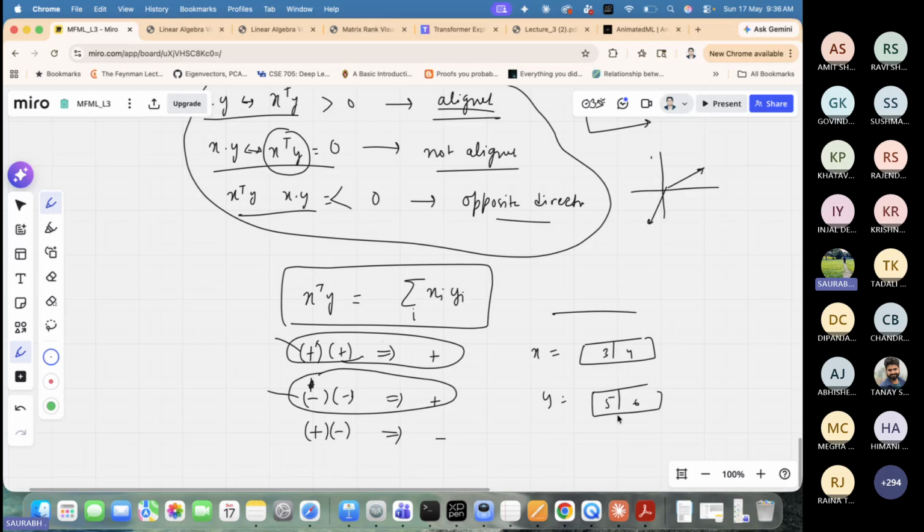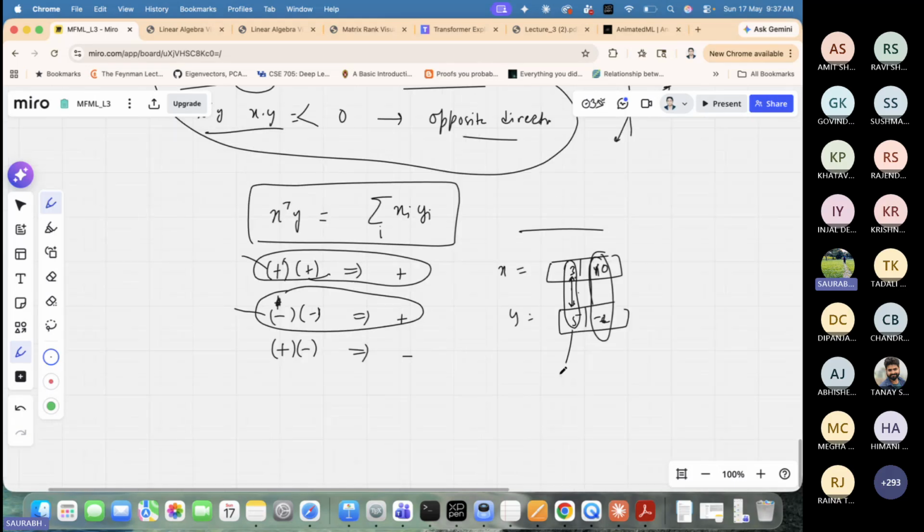What you are doing is adding up the agreement: how much do they agree in the same direction, or, if the value had been 10 and minus 2, how much do they disagree in some other dimensions, right? So you are adding up agreements plus disagreements together. That's all you are doing.